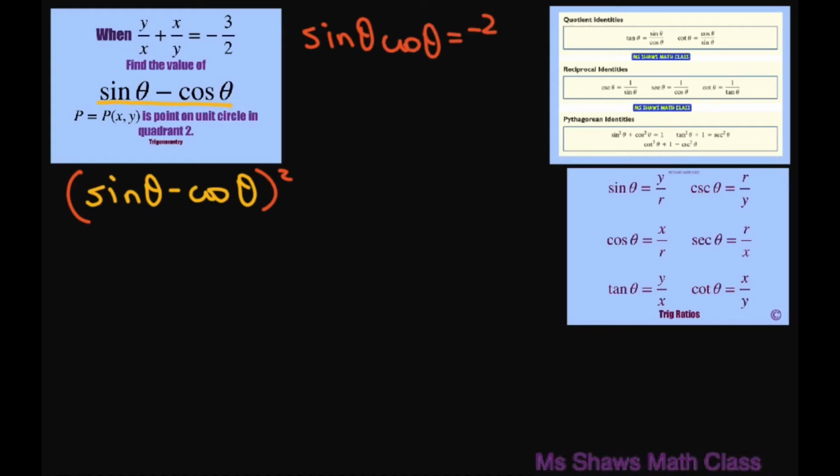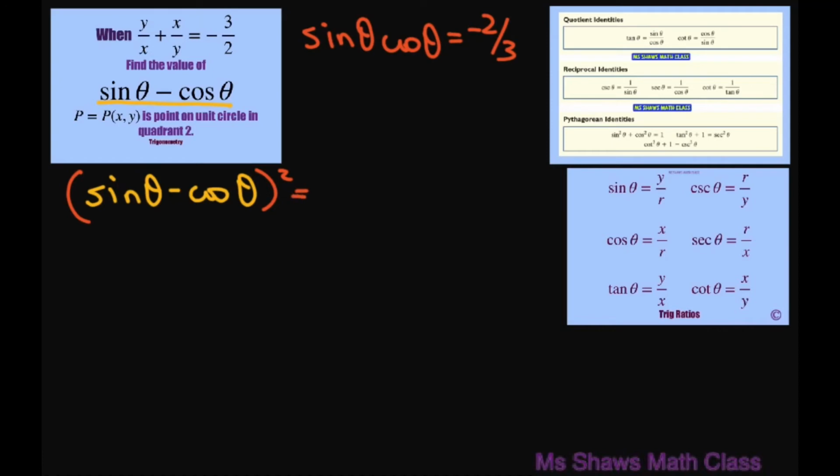And we're going to look at this right here. So we have sine of theta minus cosine of theta. So what I'm going to do is square it. And that's going to help me because we have that sine of theta times cosine of theta equals negative 2/3.